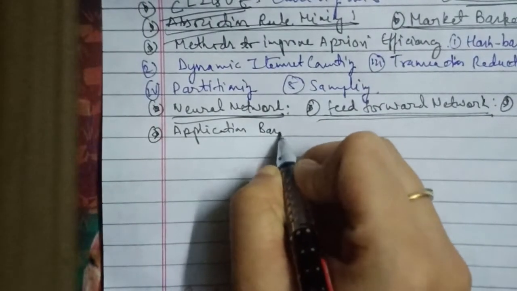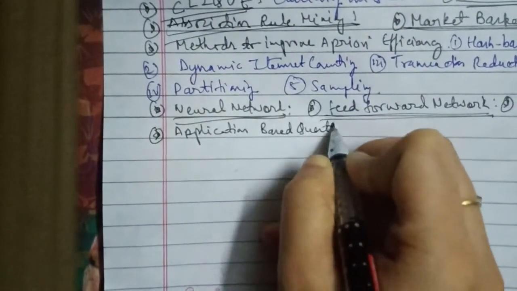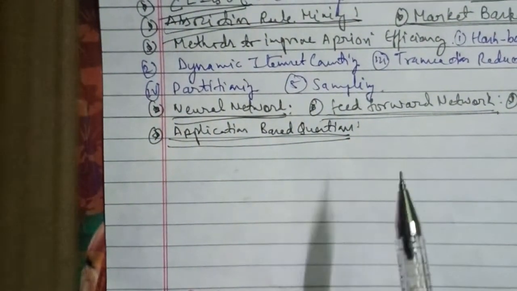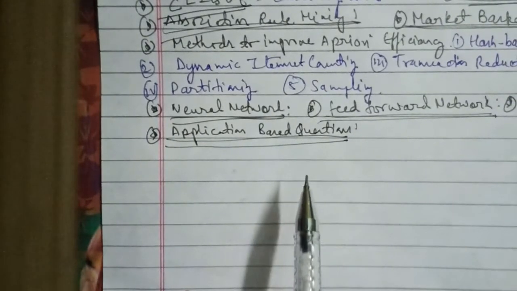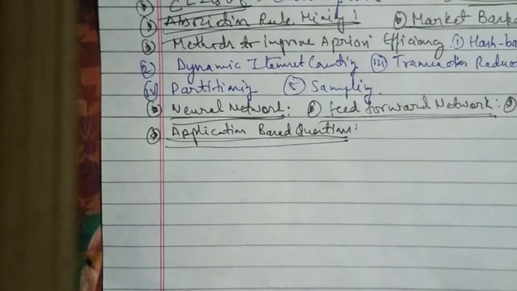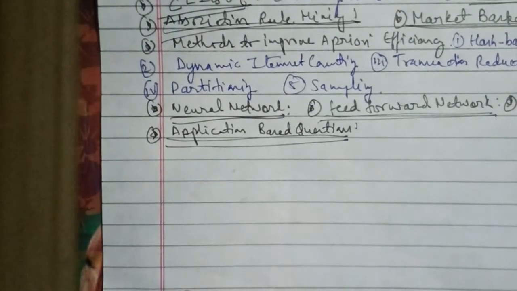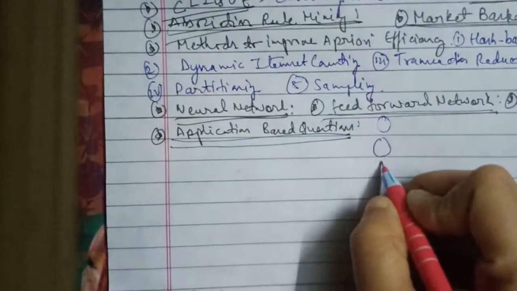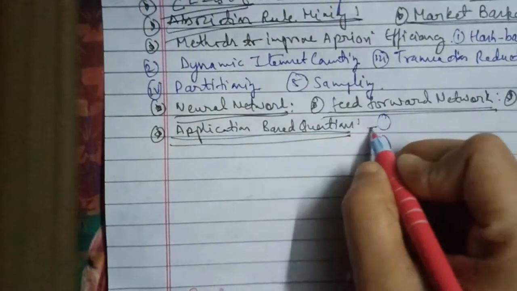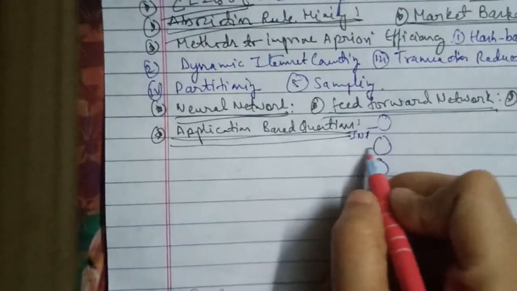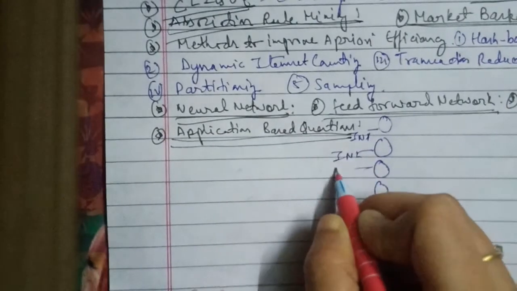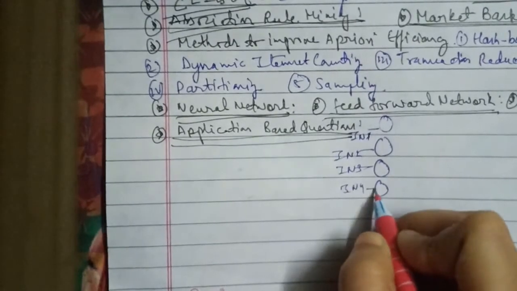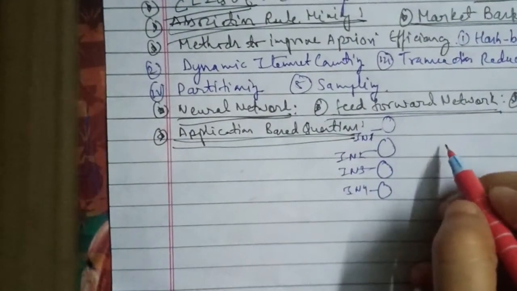Application based questions. In the same case, diagrammatically you have to show the feed forward configuration, so we'll represent that as well. This is IN1, N1, N2, N3, N4.